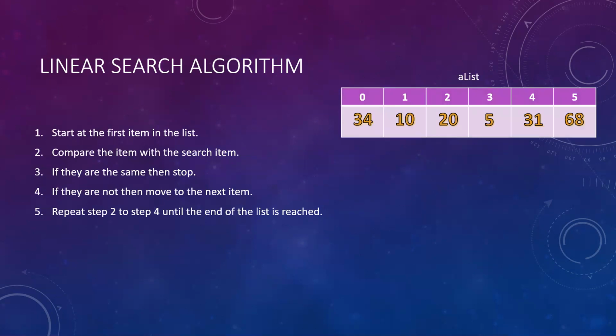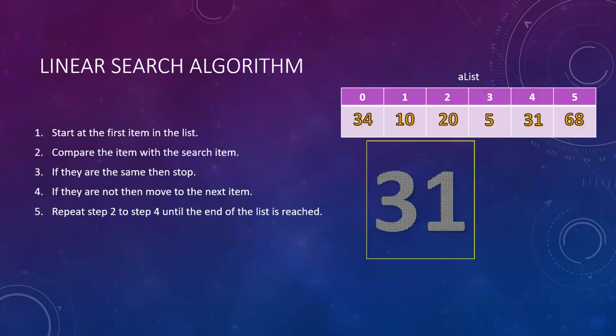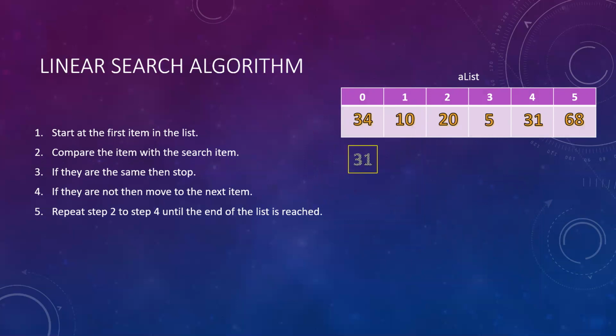Say we want to search for the number 31 which is in the list. According to the algorithm, it will start at the first item, so it will start the comparison with the first item.